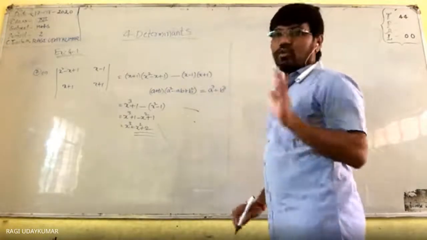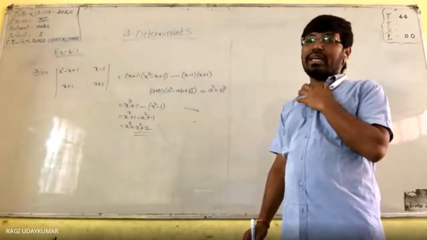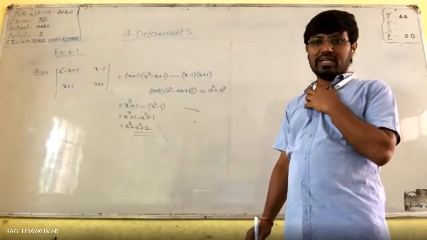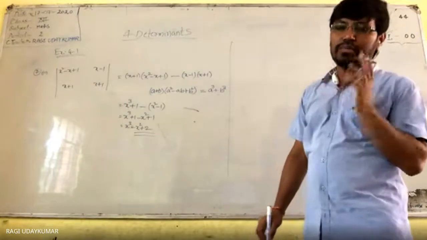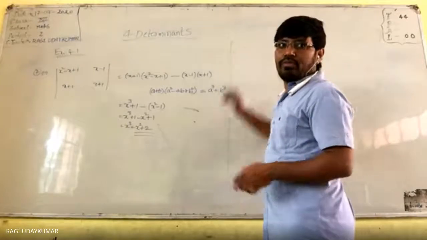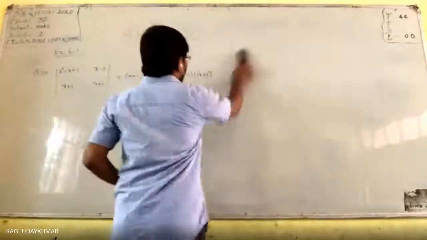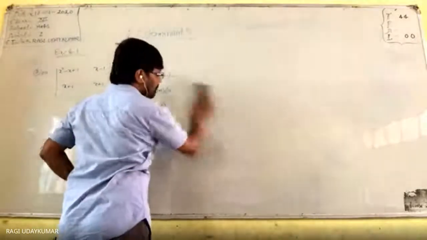The question is proving is very simple, but every time this question is asked to you in a different way. Because 2 by 2 matrix determinant easily you can find out. The fourth problem, let us see here.